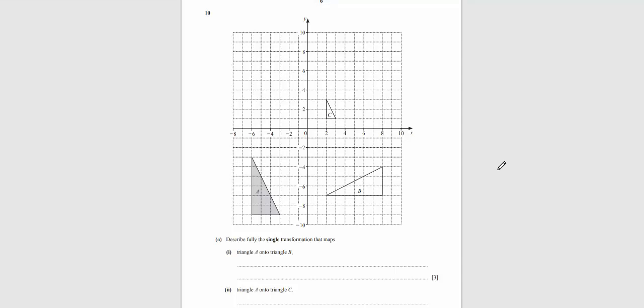So you need to know where the center of the rotation is, and how they actually rotate.